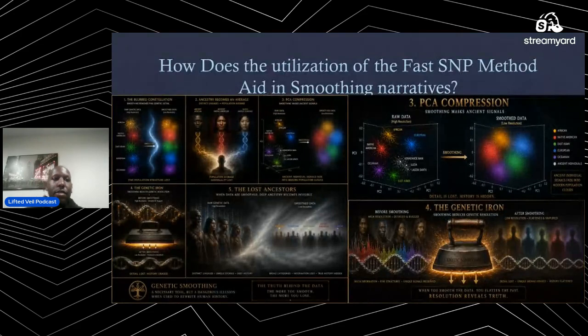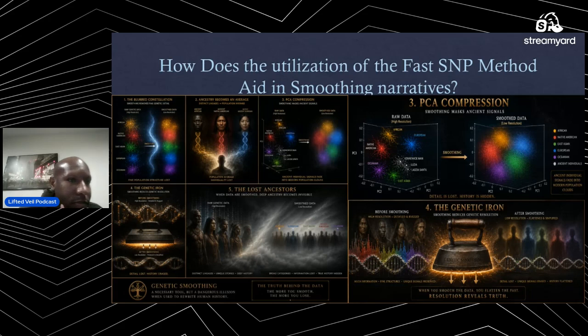Okay, so this is just an illustration right here. I had AI put this together, of course, but it's just a brief illustration to demonstrate how fast S&P methods can aid in smoothing narratives based on these two geneticists' model.